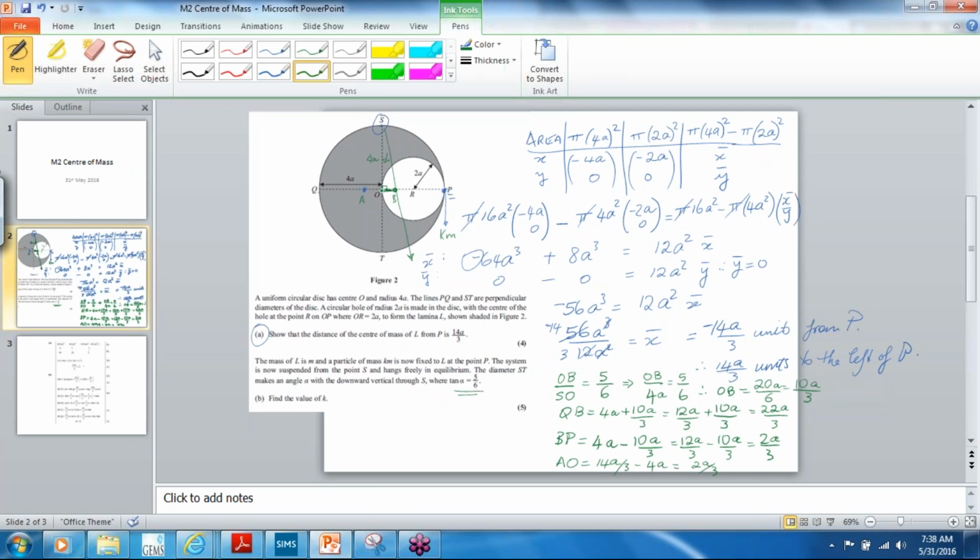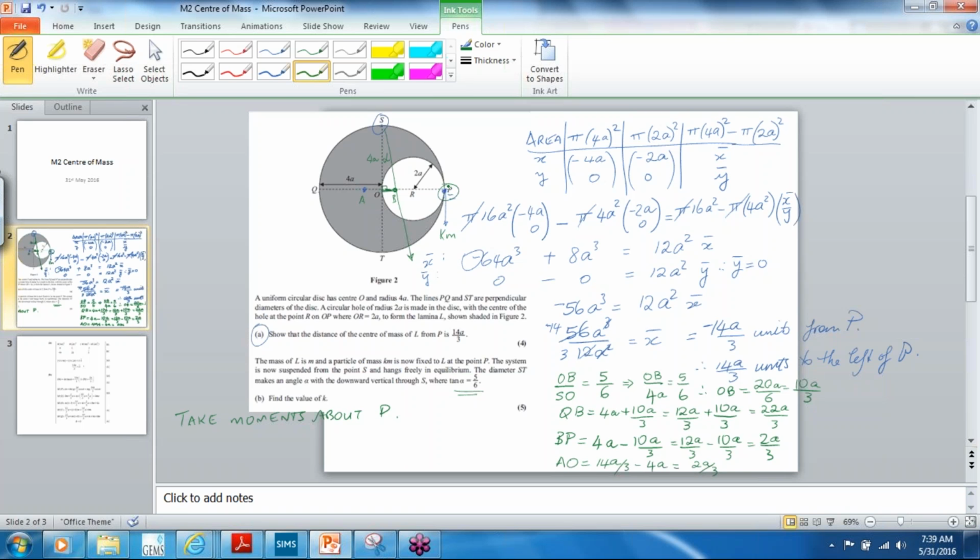Now, what we could do is take moments about any point here, and let's take moments about P. You could take moments from anywhere. So let's look here.